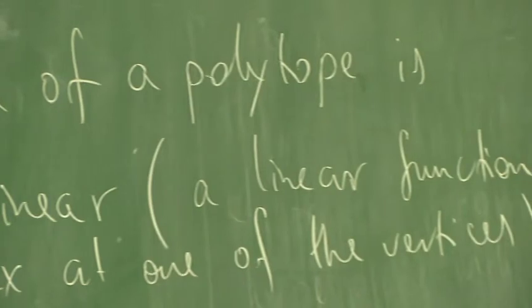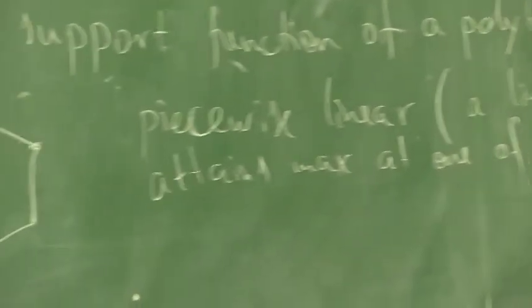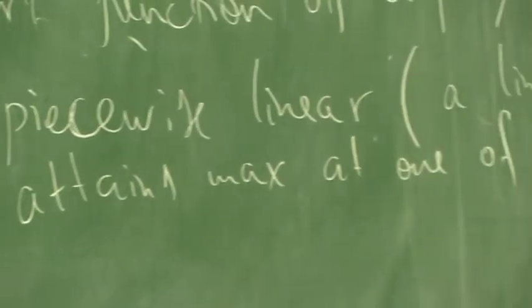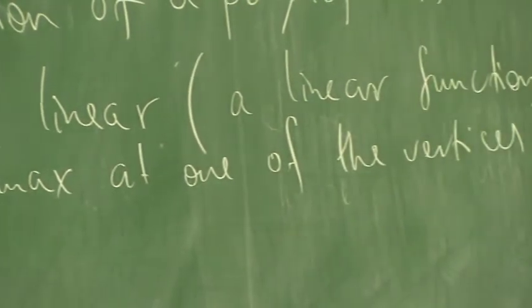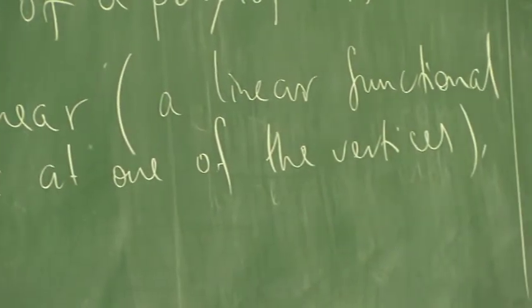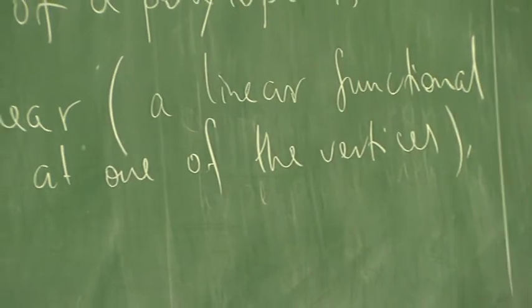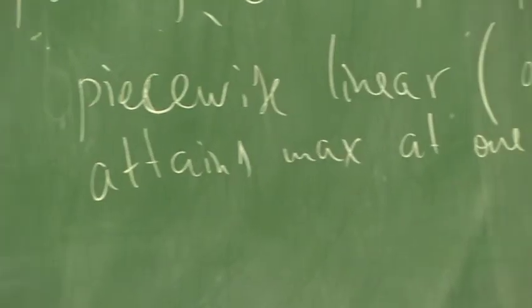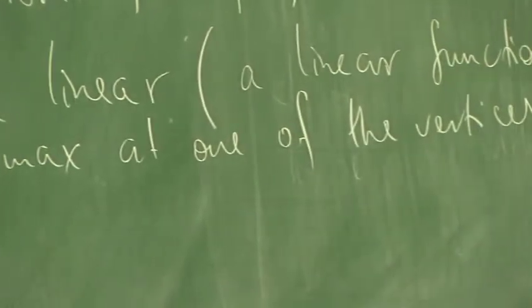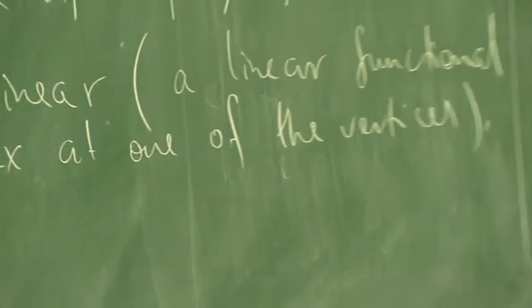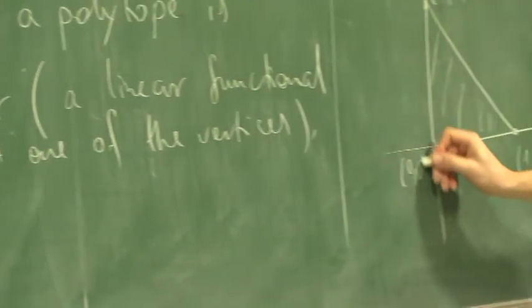So let us take an example of a polytope and its support function. I'm drawing pictures in dimension 2, but for today it's enough for the illustration. So I take this triangle with vertices (1,0), (0,1), and (0,0).